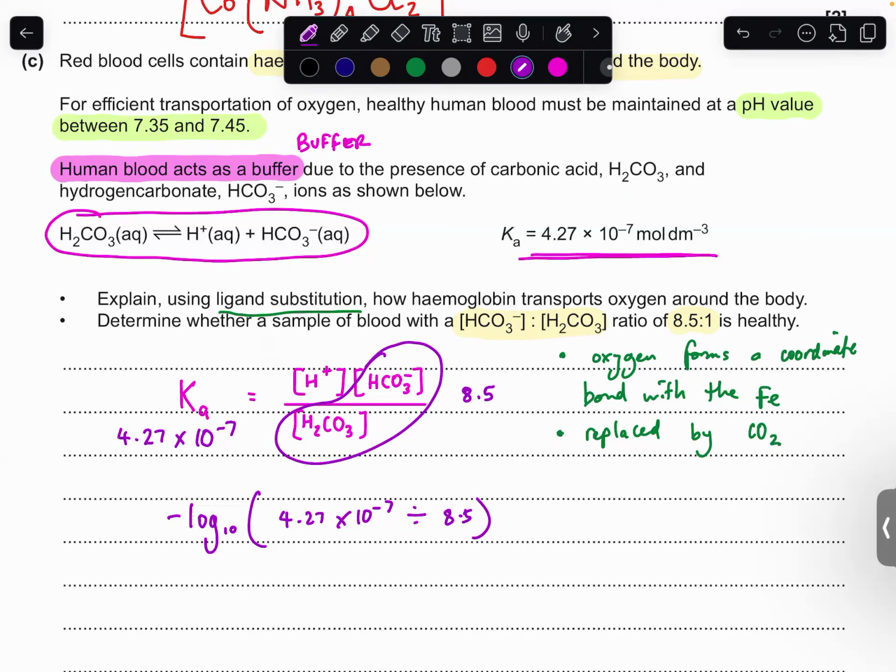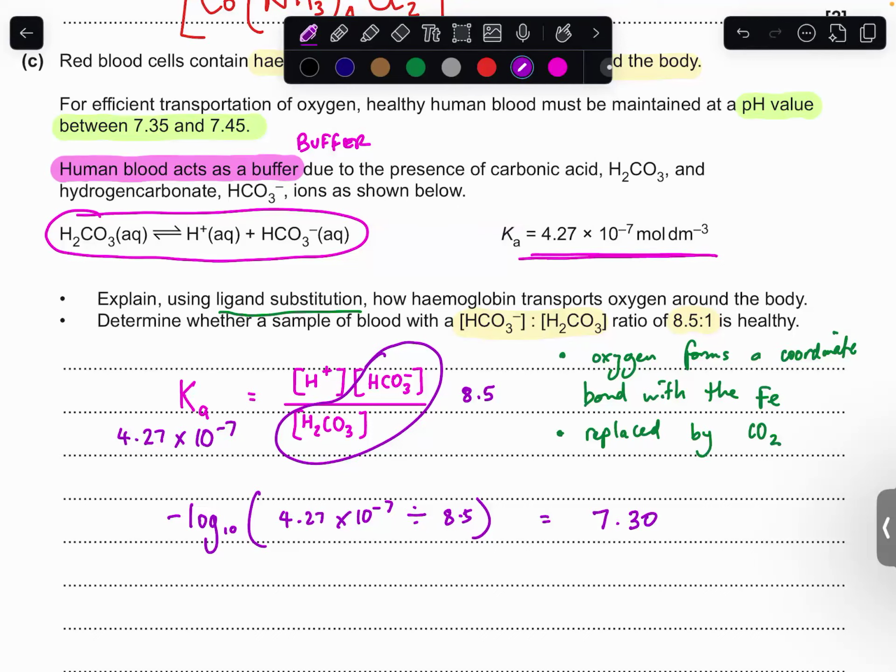Let's see what that gives us. Minus log to the base 10 of 4.27 times 10 to the minus 7, and then we're going to divide that by 8.5. That gives us a pH of 7.30.